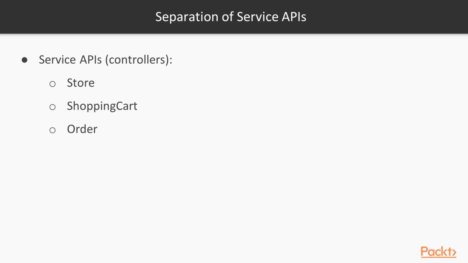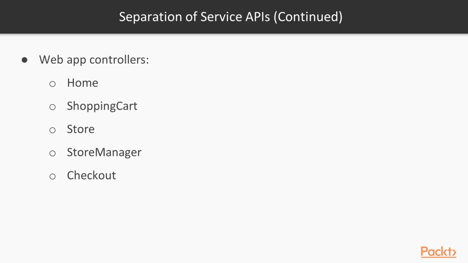Let's see how we separate the code from the initial project to the second one. Our goal will be to have a set of service APIs, and by looking at the whole logic in our project, we identified three main APIs that we'll expose: the music store in our case, a shopping cart, and an order service, which is also the payment-related service.